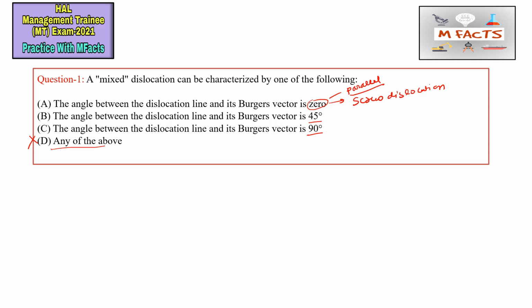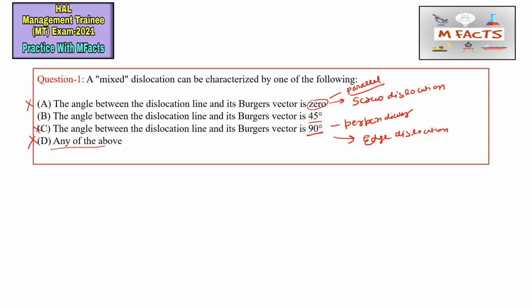So this option is also not correct. Option C is the angle between the dislocation line and its Burgers vector is 90 degrees, meaning the perpendicular case, so this is basically an edge dislocation. This is the example of an edge dislocation.